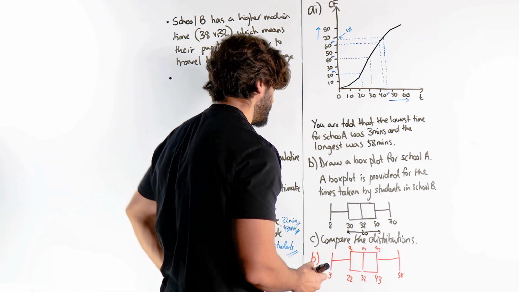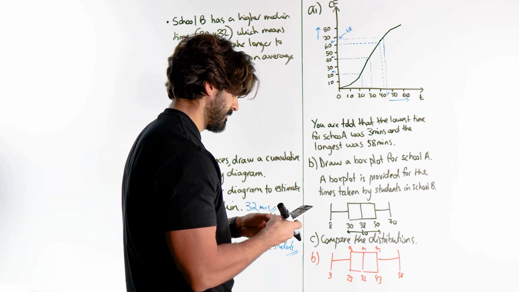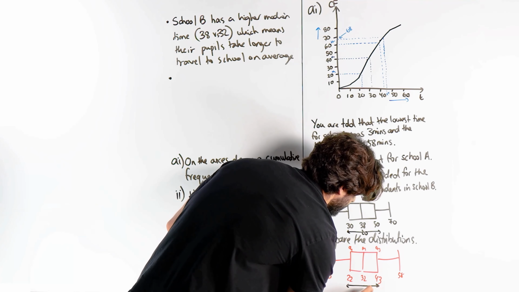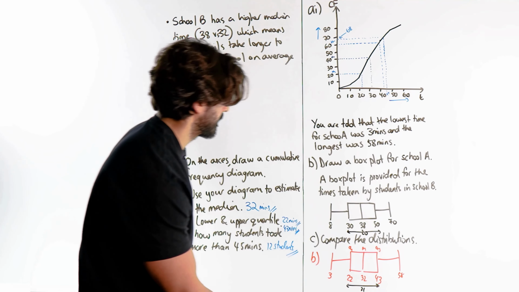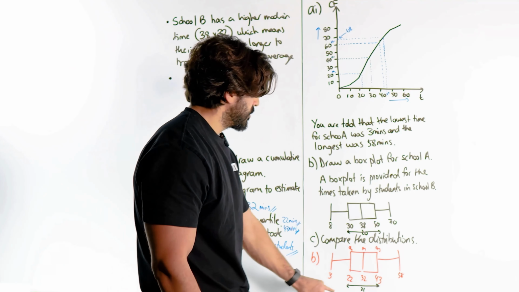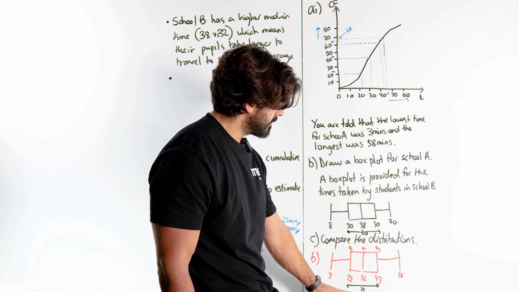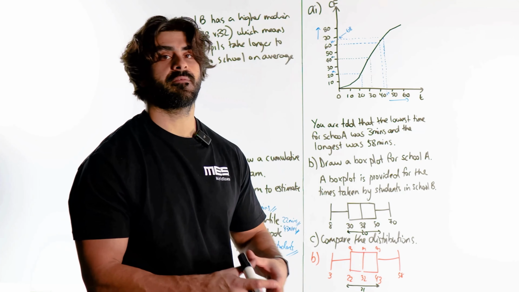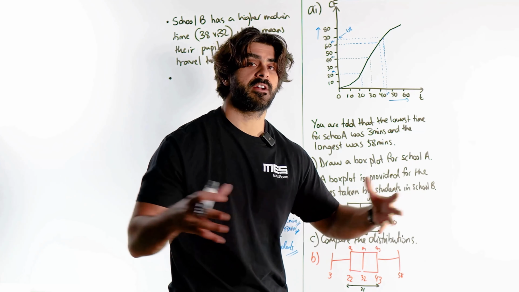Here, it's 43 minus 22. 43 minus 22. 21. So it's very close. 21. Okay? So, we could say, however, school A has a higher interquartile range, which means their values are more spread out. They vary more.